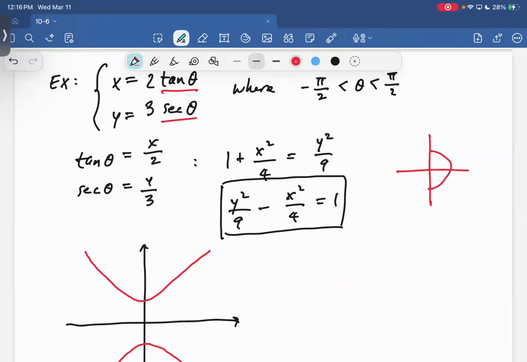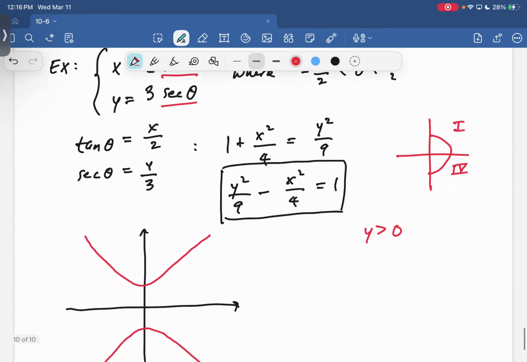Secant is 1 over cosine, right? But cosine in quadrants 1 and 4 is always positive, right? Because cosine is the x coordinate. And so therefore, cosine is always positive, which means secant is always positive, which means that y is always positive. Make sense? Tangent can be anything. It can be either positive or negative. So tangent goes through all real numbers. But y is specifically limited to positive numbers.